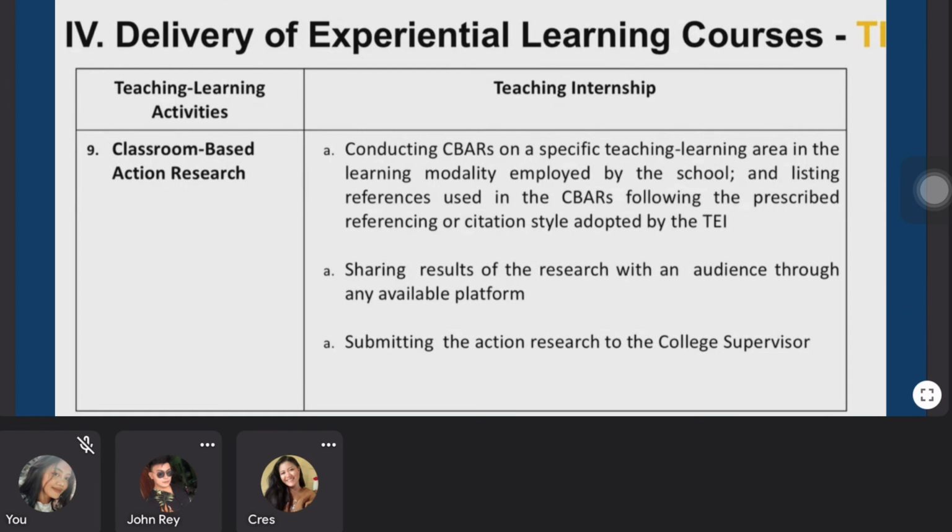Second one is sharing results of the research with an audience through any available platform. The third one is submitting the action research to the college supervisors. That is the research that was required to be made.